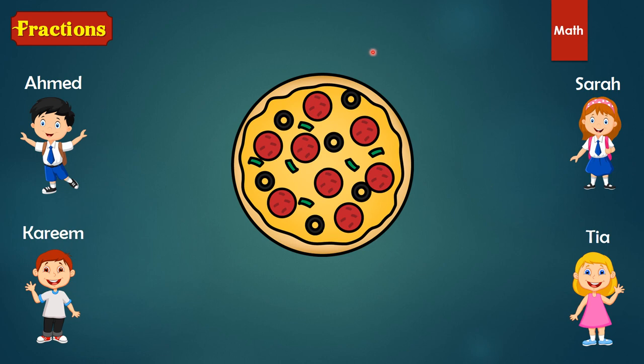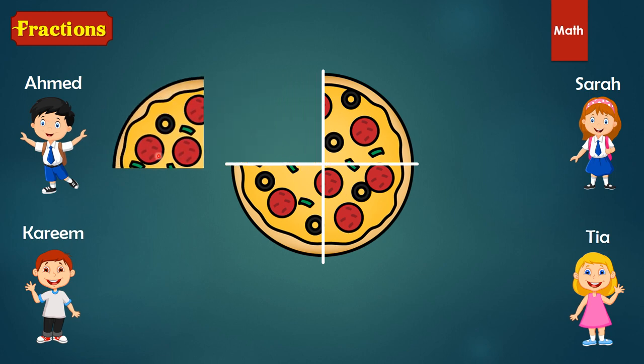Yes, first we will split this pizza into 4 equal parts, 4 same size parts, like that. Right? So Ahmed will take one part from 4 parts. And I write it like this, 1 over 4.